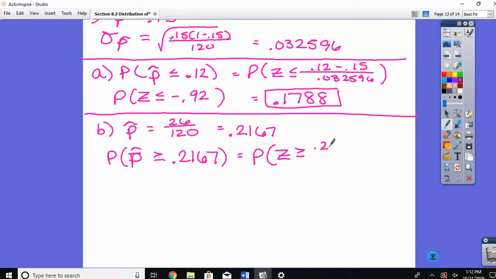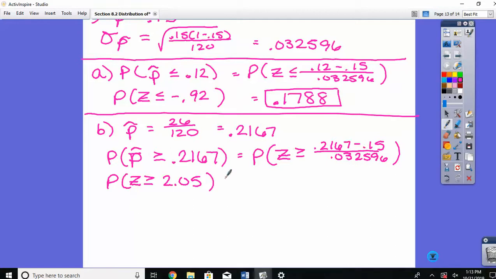So my x minus mu over sigma. So I guess probability that z is greater than or equal to 2.05.